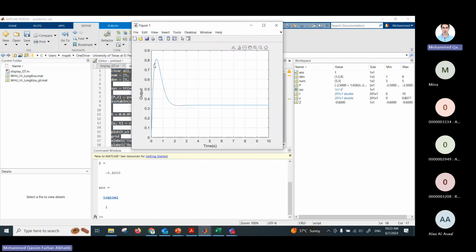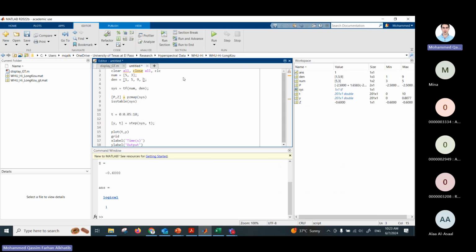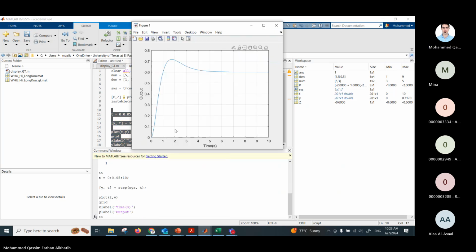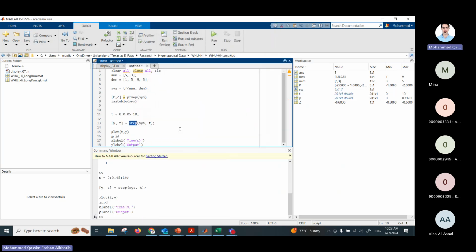It overshoots, so this is what we call an overshoot. The system will behave, then it goes back to the steady state. Let's see if we increase the order here, 5 for the poles. Okay, so stable. All right, looks nice. Impulse.